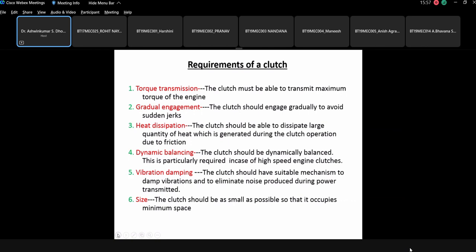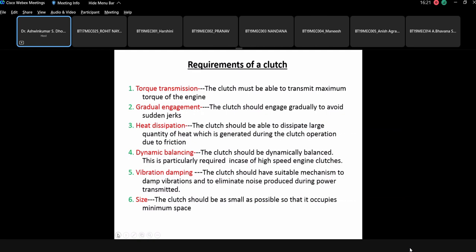That means there is some excessive capacity, in case of any unpredicted load which comes on the clutch, so that it should not fail. Most of the time the clutch fails due to heat generation, because the clutch consists of two parts which are bound together, and power transmission happens by way of friction.